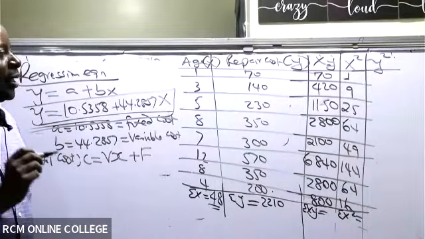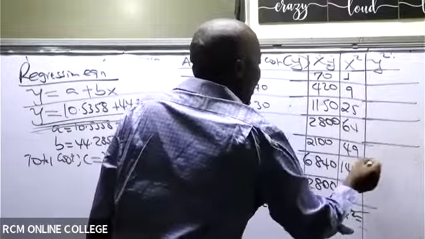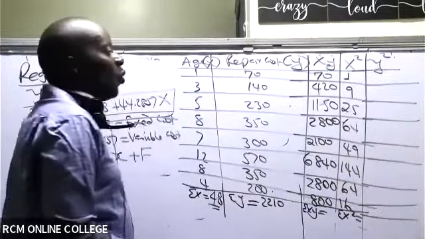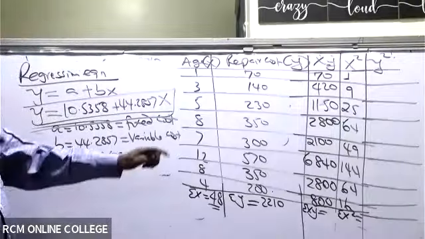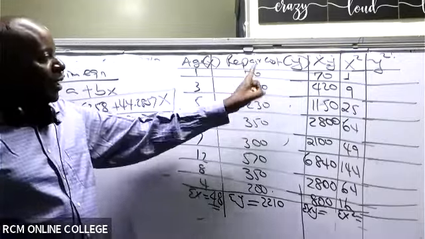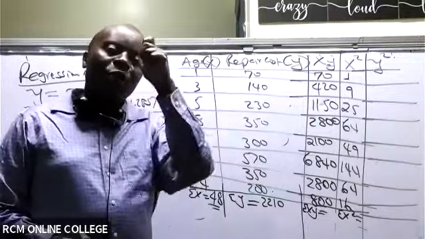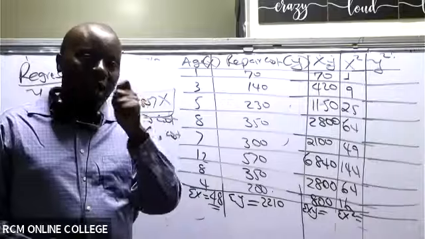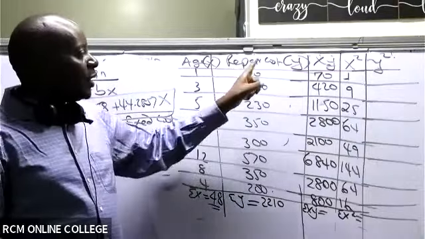You can't get the coefficient of determination without y squared. So this gives me 70 squared.